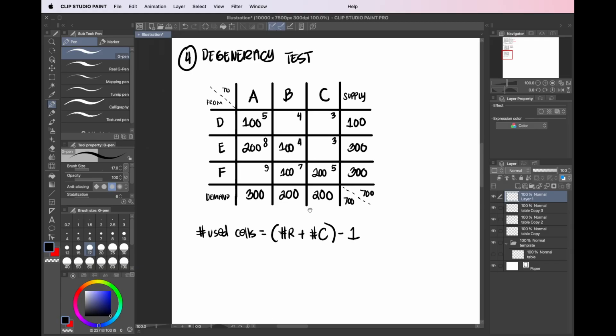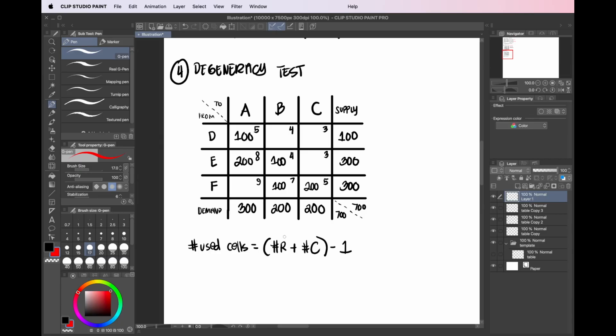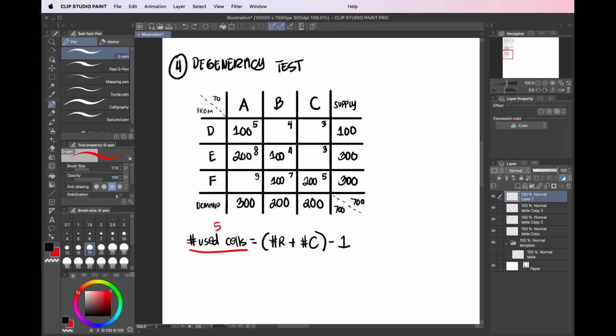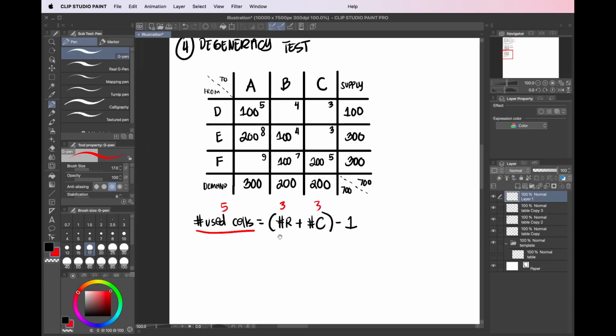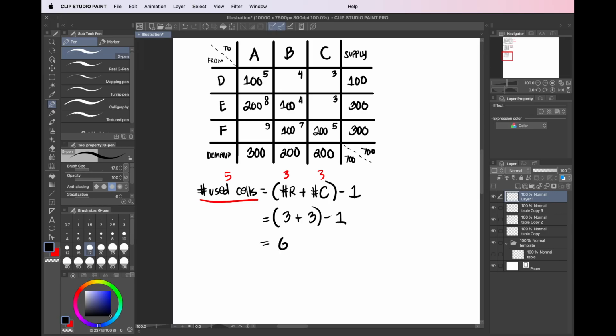In this case, the number of used cells would be 5, because 1, 2, 3, 4, 5. Then here, the number of rows would be 3, 1, 2, 3. Number of columns would be 1, 2, 3 as well, so this would be 3. So we substitute that: 3 plus 3 minus 1. So we get 6 minus 1, and we get 5.